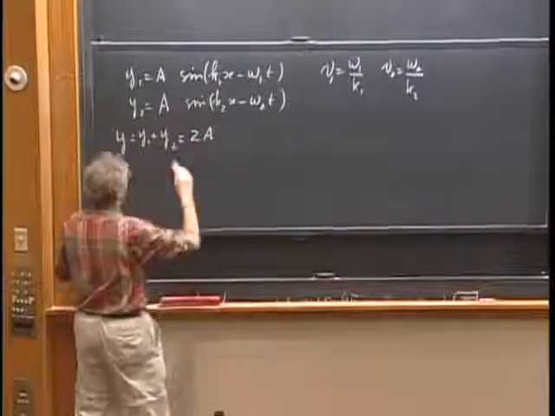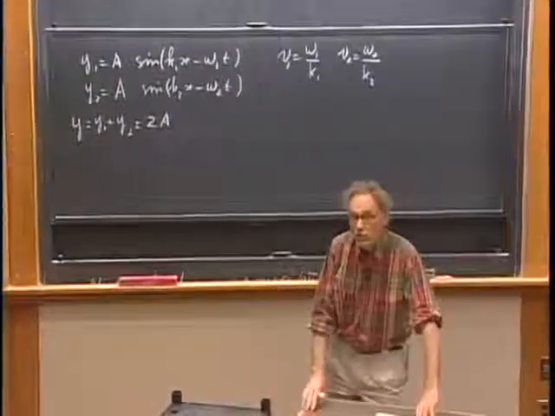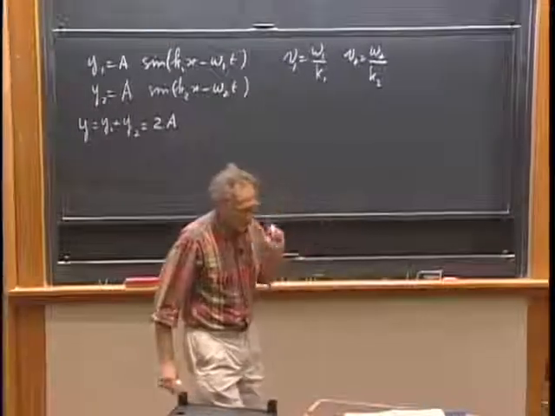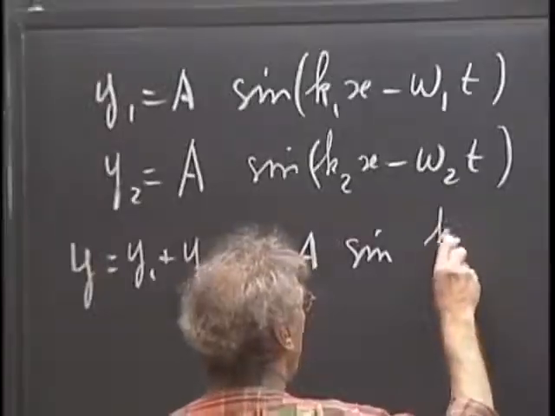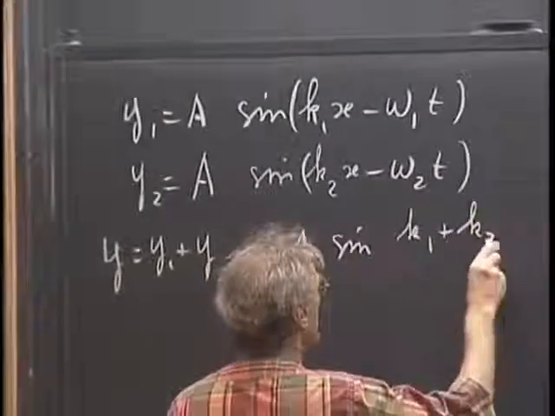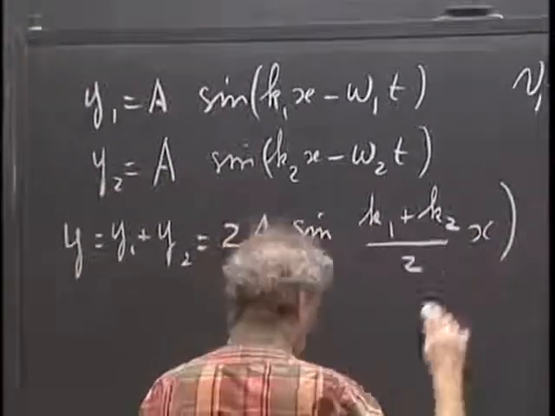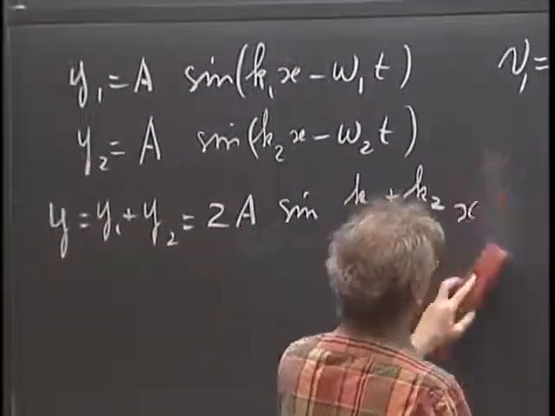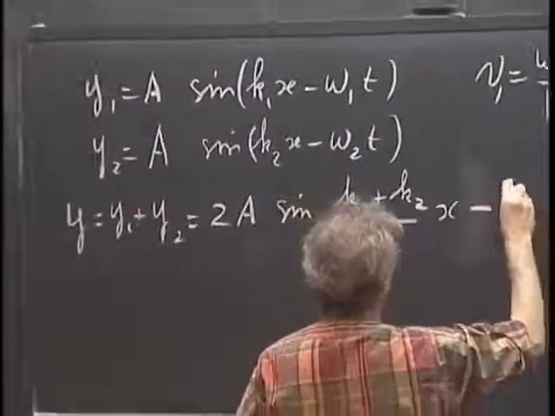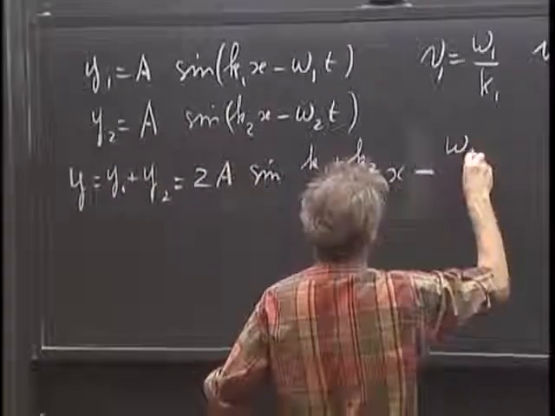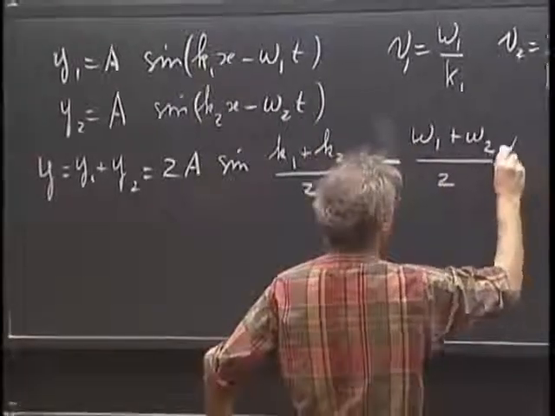So that becomes 2a times the sine of half the sum times the cosine of half the difference. And so that gives me the sine of (k1 plus k2) divided by 2 times x, plus this term, so that becomes minus (omega 1 plus omega 2) divided by 2 times t.